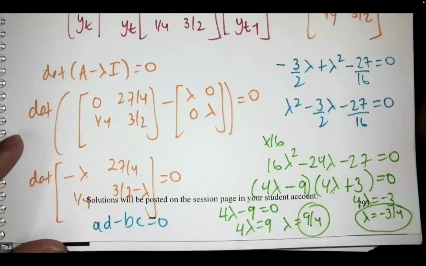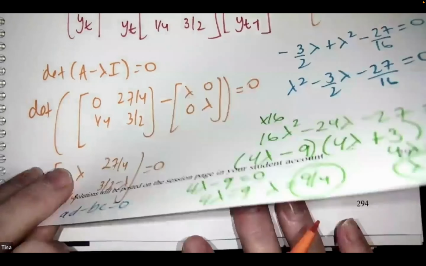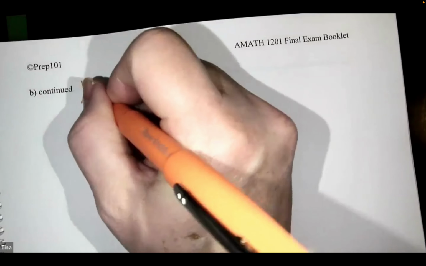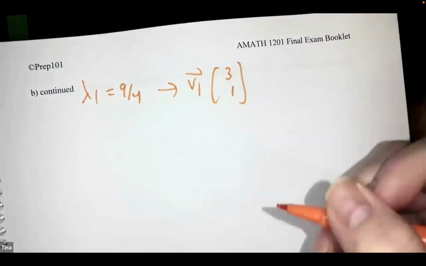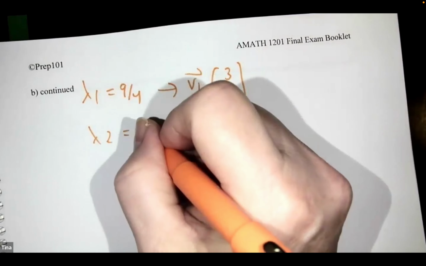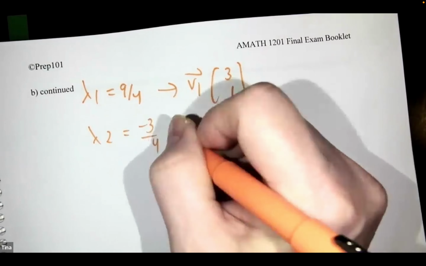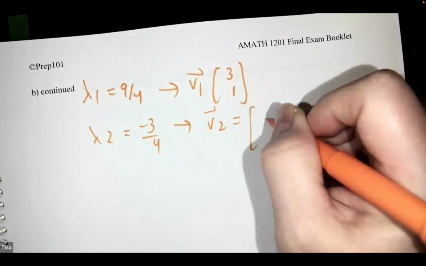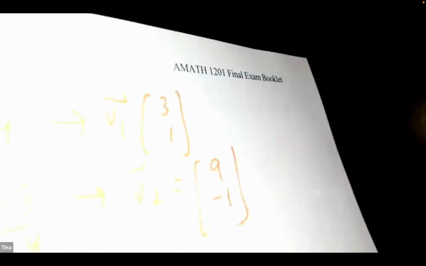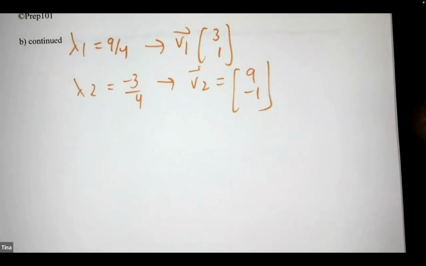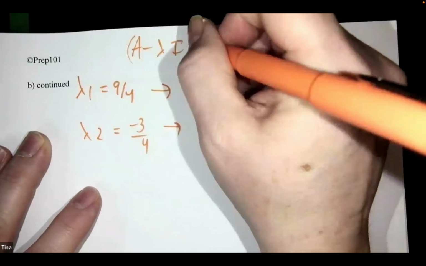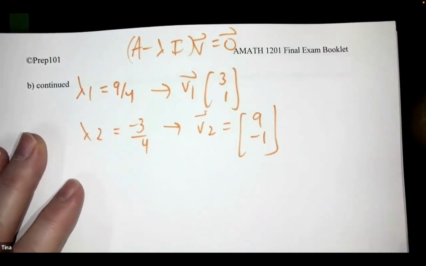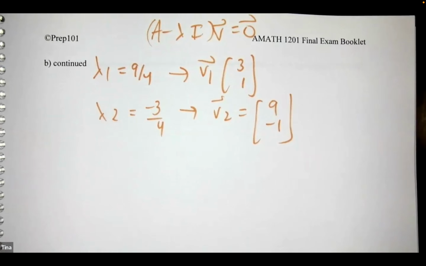Once we find the eigenvectors, the V1 ends up being 3, 1, and the V2 is 9, negative 1. And of course, you're going to do, through a whole A minus lambda I, V equals 0, to get your eigenvectors, just like we did 5 or 6 times today.